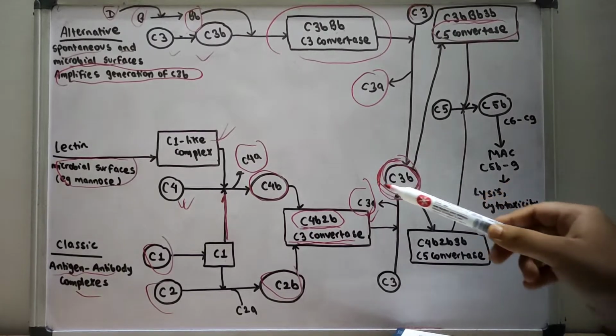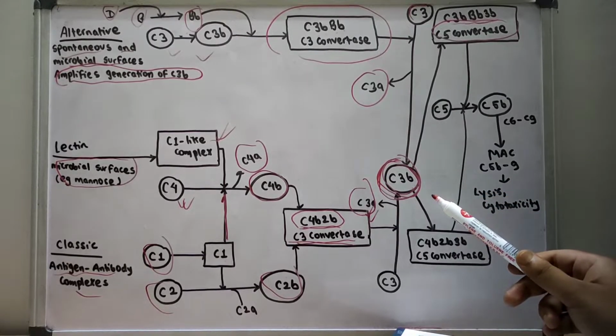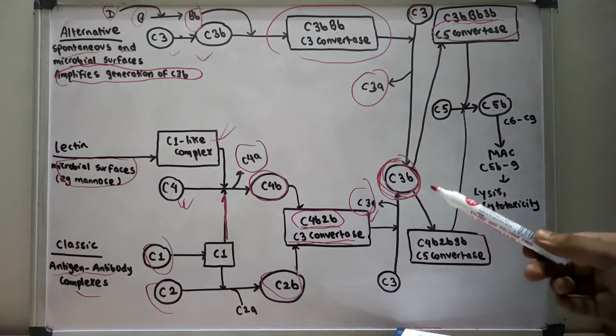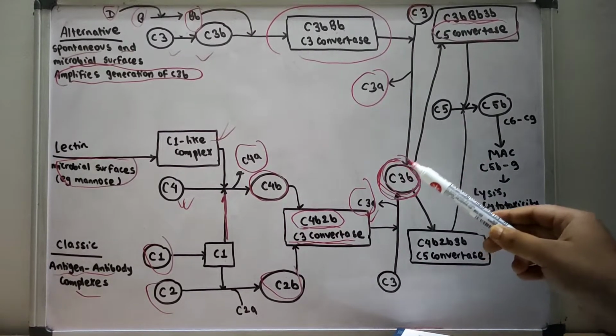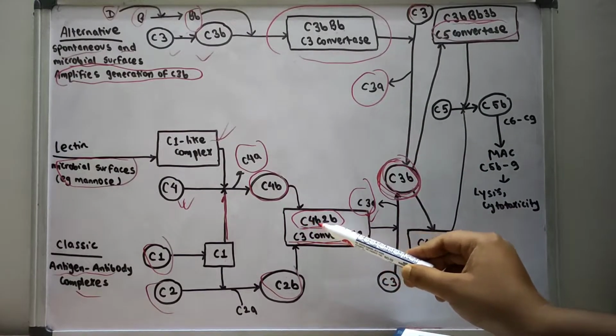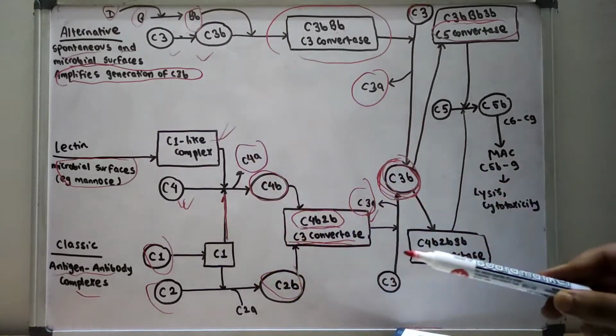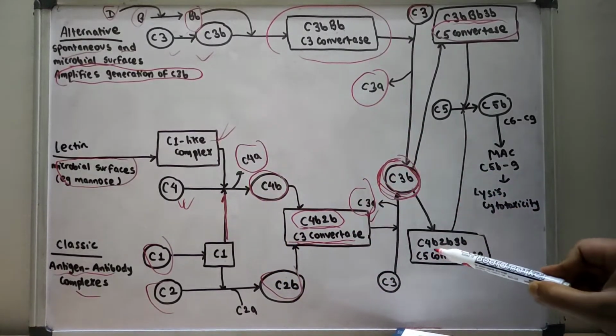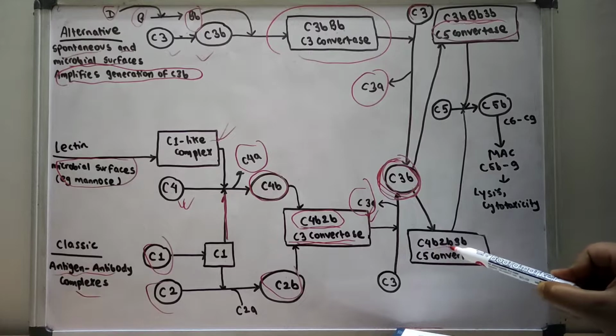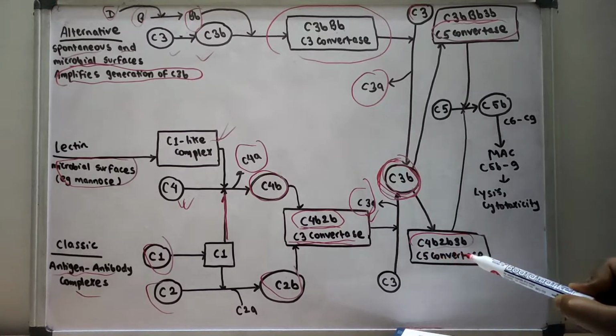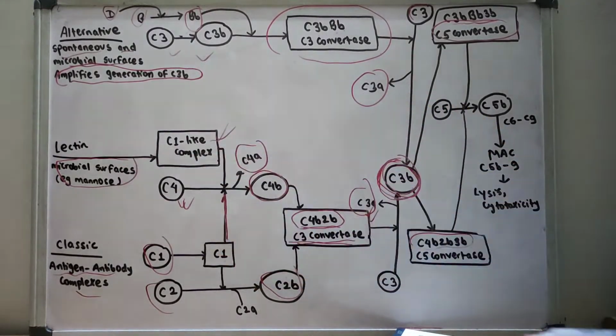And we have the common formation of the C3b from the lectin and classical pathway. From the C3b we have C4b2b from the lectin and the classical pathway, and adding the C3b we have C4b2b3b, that is the C5 convertase obtained from the lectin and classical pathway.